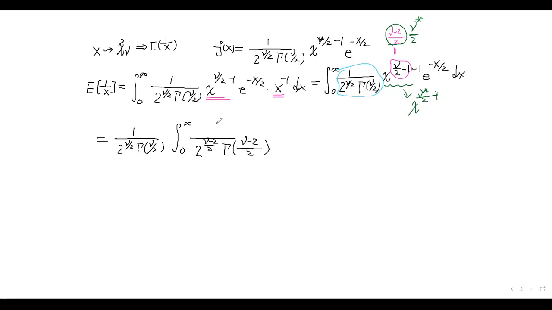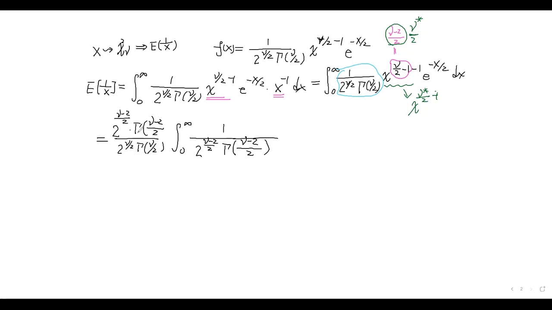Then in here, I cannot just divide by some constants, so I need to adjust it. This one here, I need to multiply it back. So this is V minus 2 over 2, and this is a gamma function, gamma of V minus 2 over 2, right?